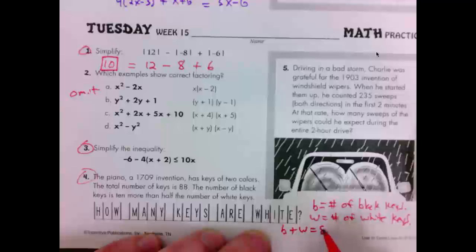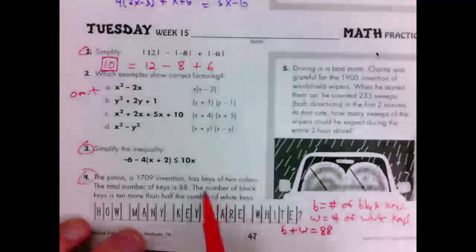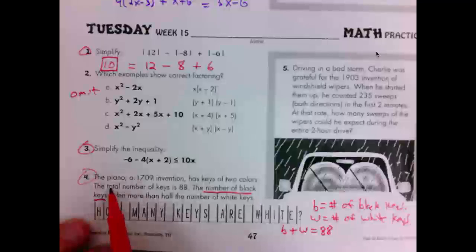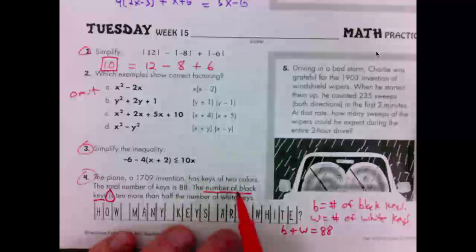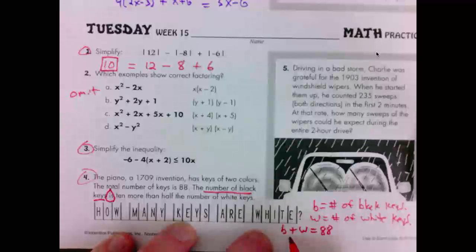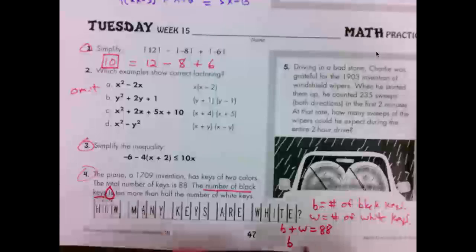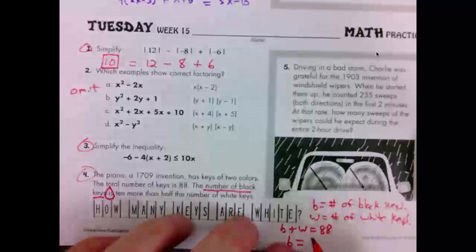That makes perfect sense. Alright, the next statement says the number of black keys, which is B, equals 10 more than half the number of white keys. Let's see if I can take this English sentence and convert it into a math sentence. Black keys, B, equals 10 more than half the number of white keys.